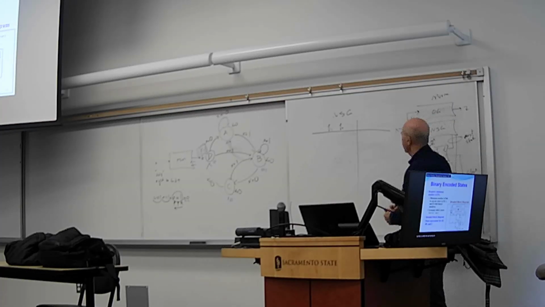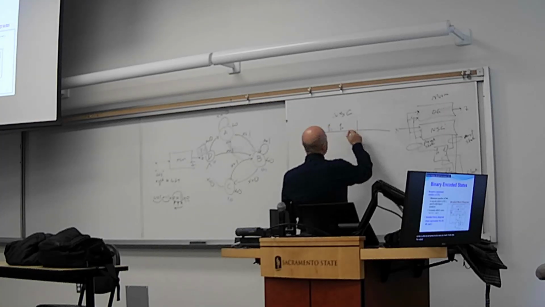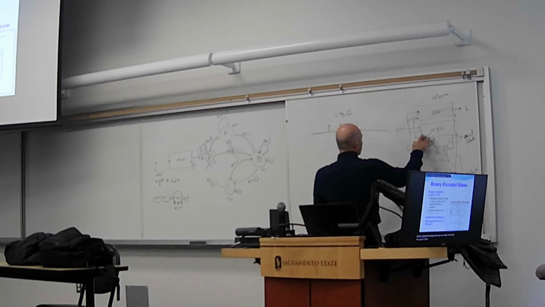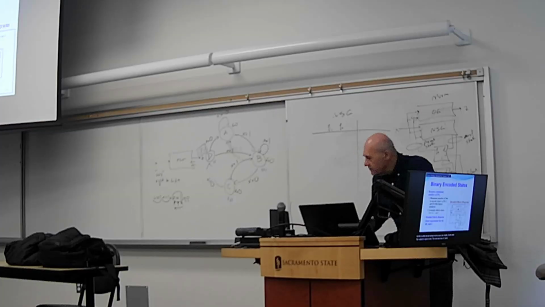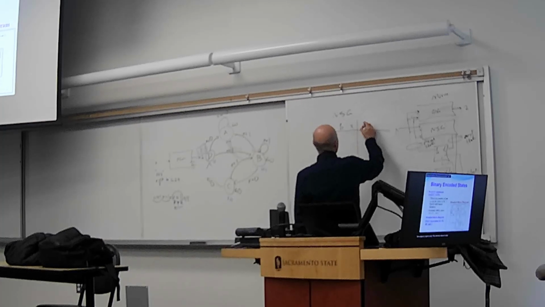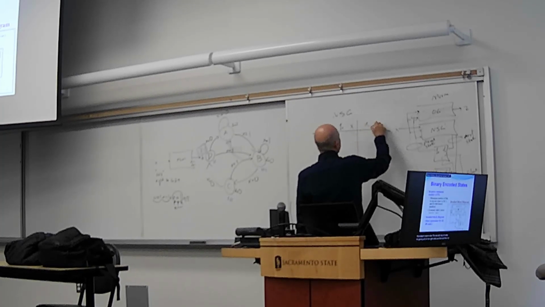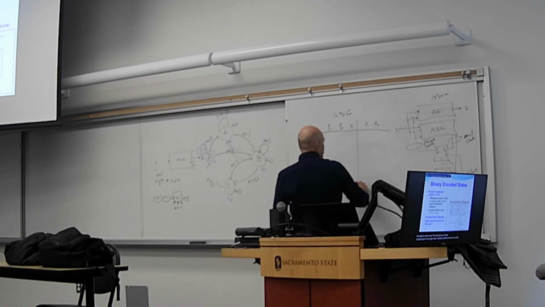So you can create two truth tables. The first one has the input X as well, and I'm going to put it in the right order, and then we have D1 and D0. So that's going to be one table.